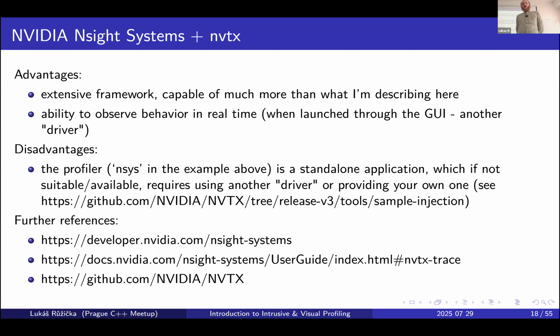So those disadvantages and advantages are, I would say, mostly my opinions in this talk, right? So take it with a grain of salt and maybe adjust it to your perspective. Another advantage of this thing is that you can start the application. You can replace the NSys with something else.